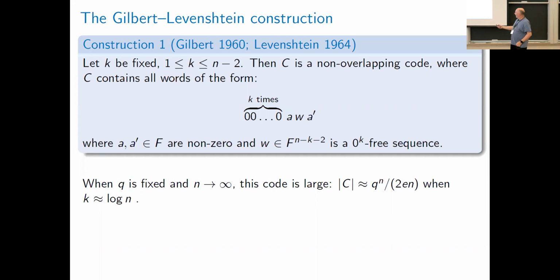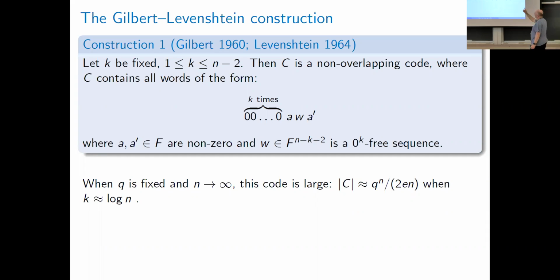For example, when you have k about logarithmic in n, you in fact have the number of code words is about q to the n over, well, in fact, 2en for q equals 2 here. This is true in general, but this 2en thing is when q is 2.